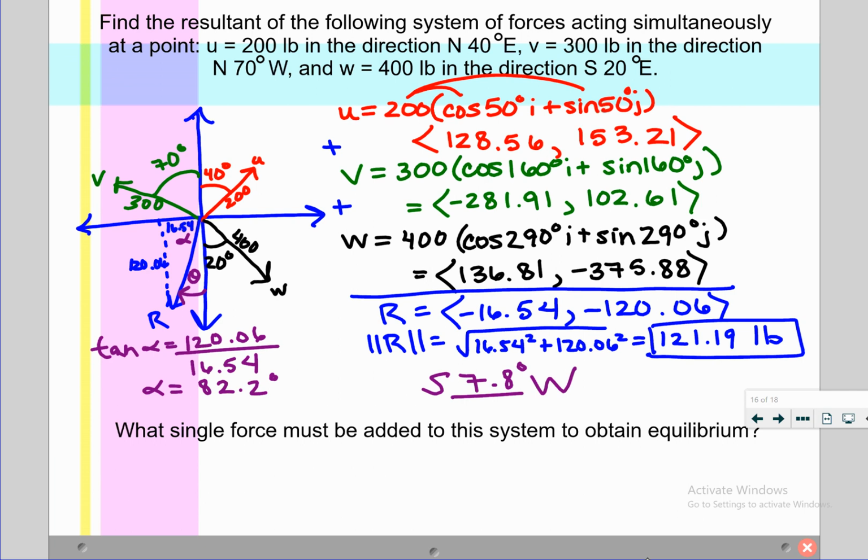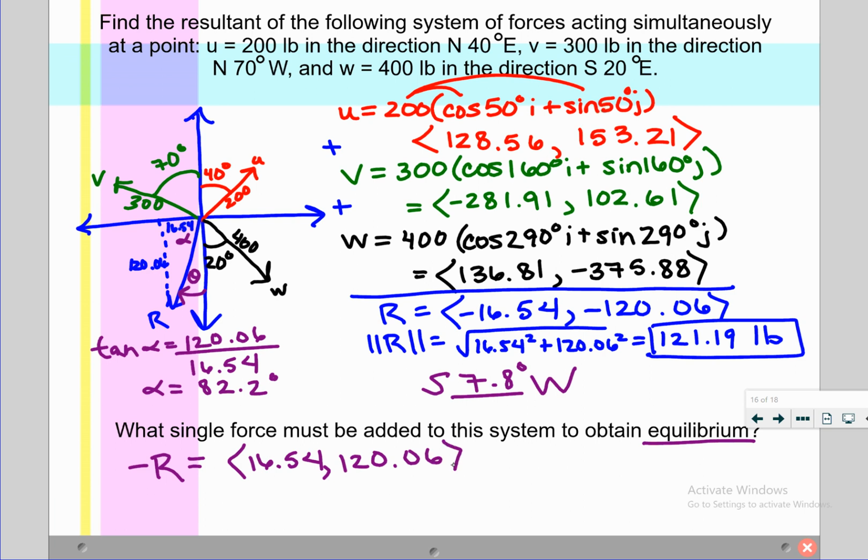Nothing happens. If I want to find equilibrium, all I have to do is find the opposite of R. R is where it's going to go. Negative R, the opposite of R, is where I want to push it back. So that is, in this case, 16.54 and 120.06.